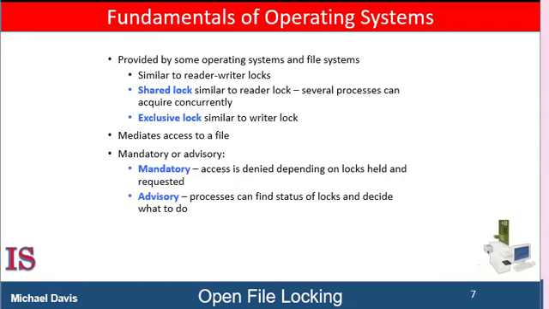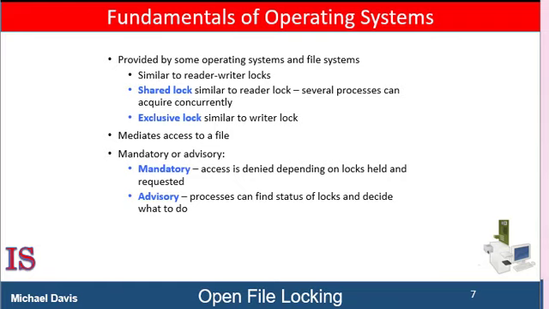Alternatively, if the lock is advisory, then the operating system will not prevent the text editor from acquiring access to system.log. Rather, the text editor must be written so that it manually acquires the lock before accessing the file. In other words, if the locking scheme is mandatory, the operating system ensures locking integrity.